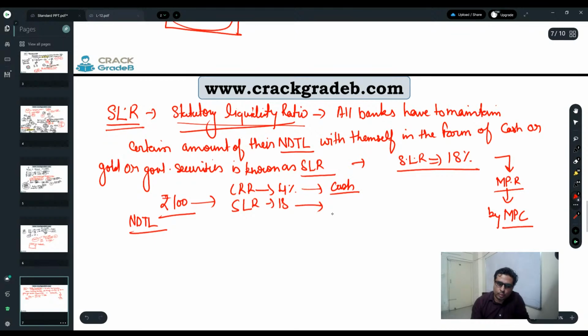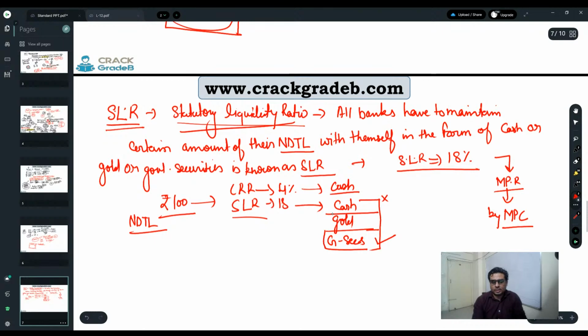When the option is open for the bank to maintain SLR either in the form of cash, gold or government securities, the bank will definitely go for government securities or gold, but their first preference is going to be government securities, not cash.